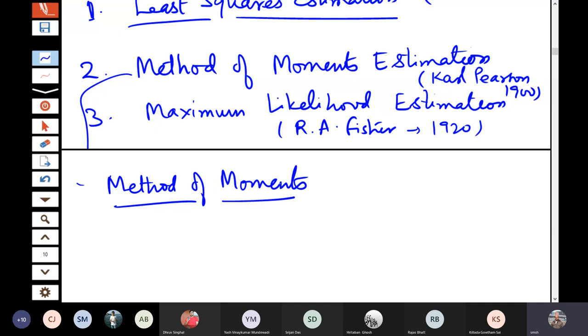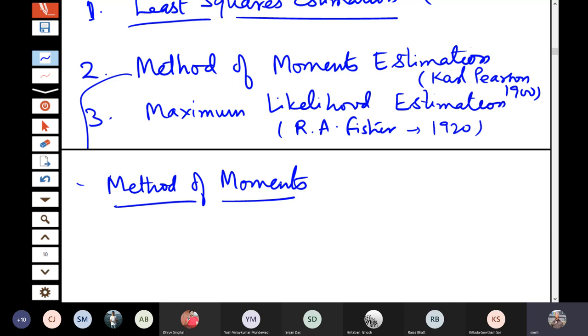Method of moments is, you can say, a layman's understanding of the topic. So for example, I already mentioned to you, a sample mean is an unbiased estimator of the population mean. A sample mean is a consistent estimator of the population mean.